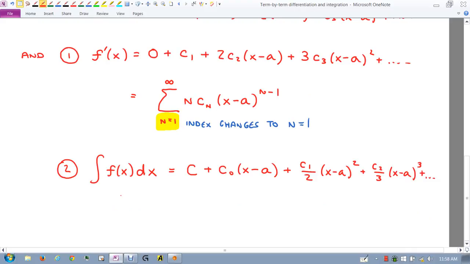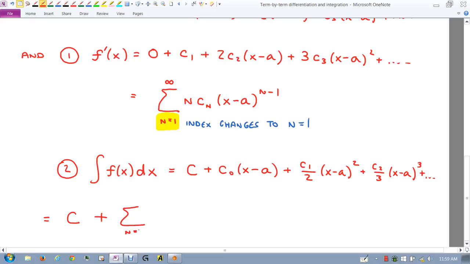Can we rewrite this as a series? So the constant out here, the plus c, this right here, I'm just going to put it right here. C plus, and then a series for the rest of it. What do you think?